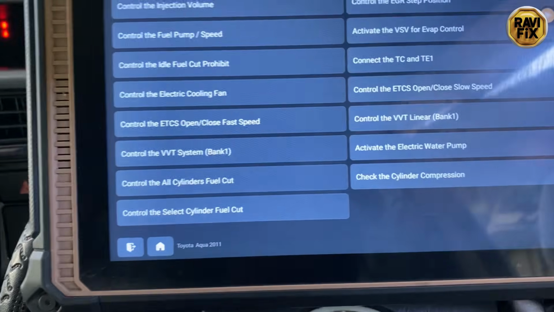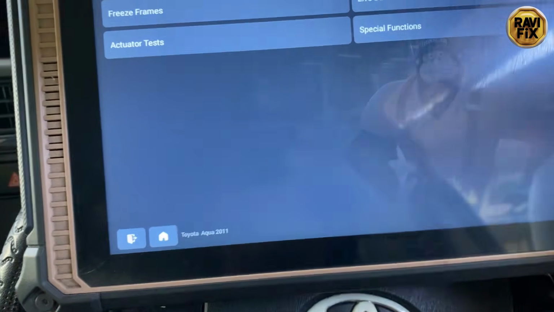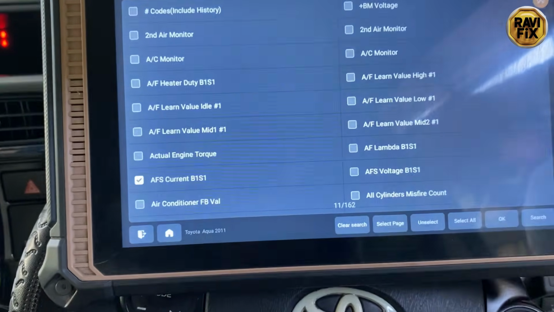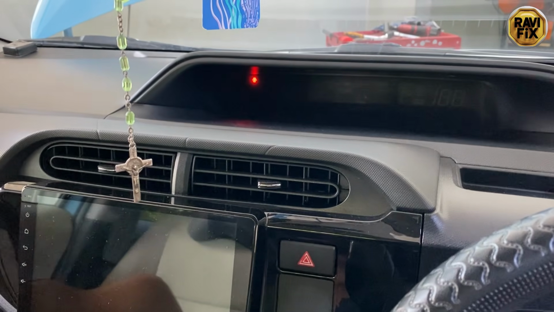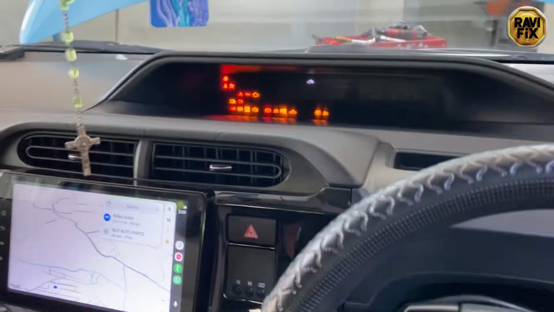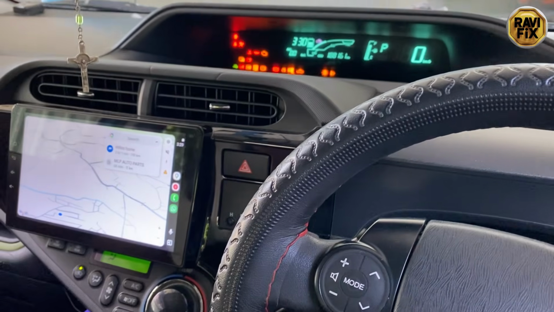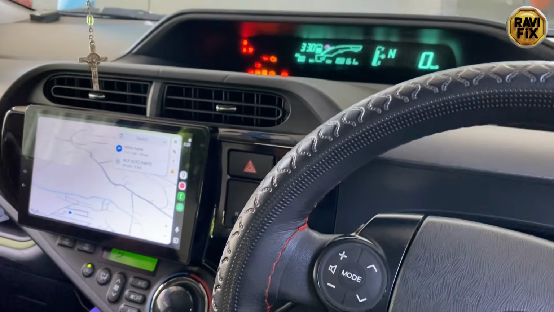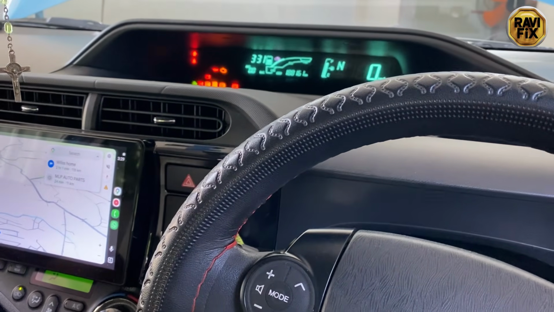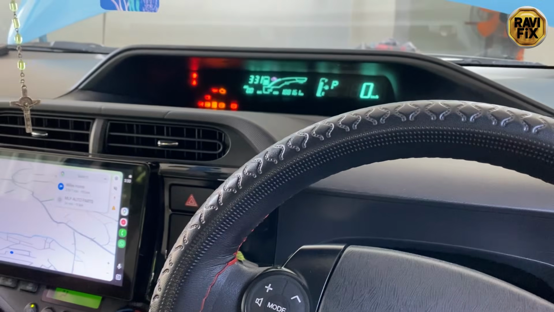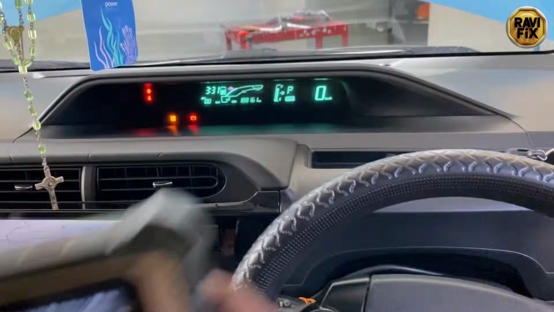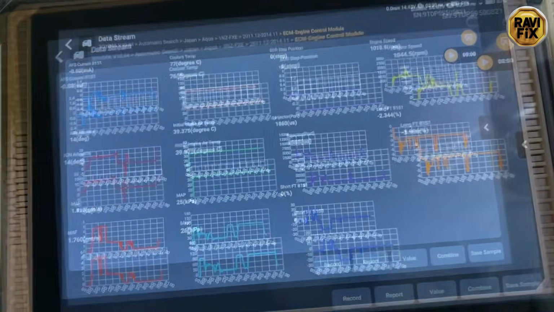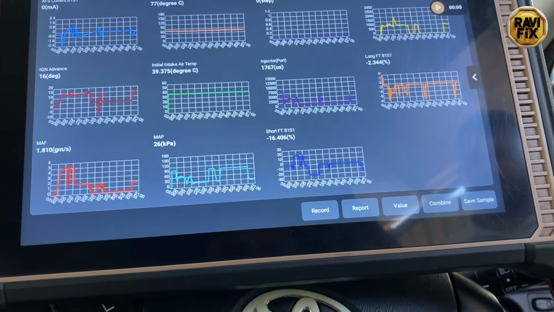Okay, let's go backward to the live data stream and select those data bits in the live data stream, and then we need to restart this car into maintenance mode. Okay, the car was started and the engine is running. So let's see what is going on with the fuel trim here.